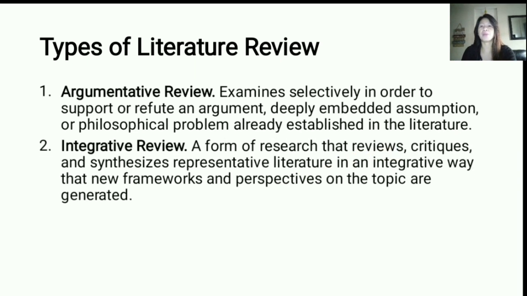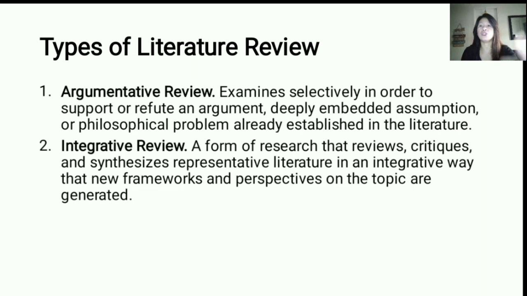Number 2, second type is integrative review. This is a form of research review that reviews, critiques, and synthesizes representative literature in an integrative way that new frameworks and perspectives on the topic are to be generated.